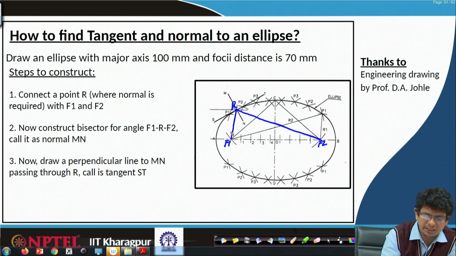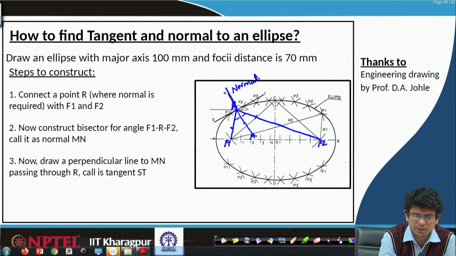Now, based on the center somewhere distance, we make an arc, we have to bisect it. From there again with the same radius make an arc on both sides. So, we will have some point and extend that. It makes equal angles on both sides. If we can do that, that is what we call the normal. So, to an ellipse, this is the way we construct a normal.